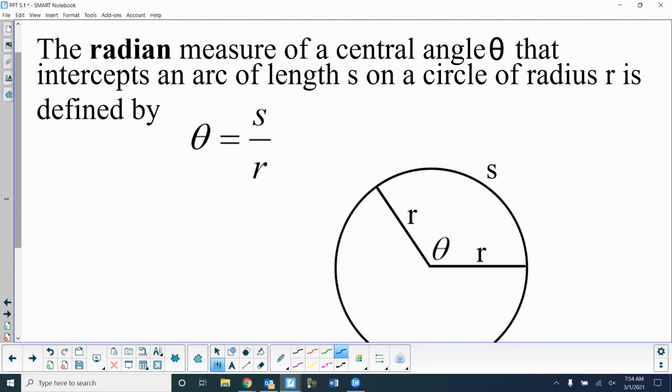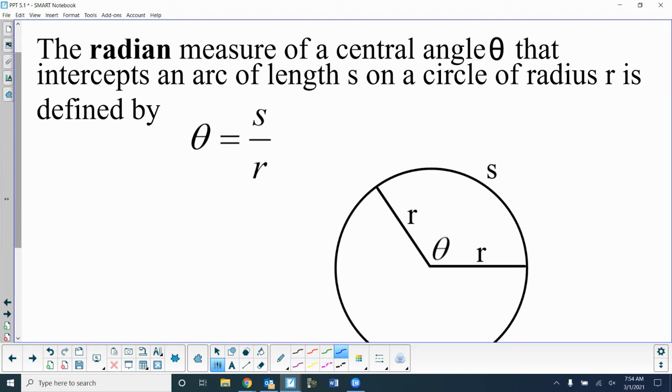A central angle is when the vertex is at the center of the circle, that intercepts an arc length S. And then our radius, remember, is from the center to the edge of the circle. So the arc length divided by the radius, we can figure out. But a radian is when the arc length equals the radius, all right?